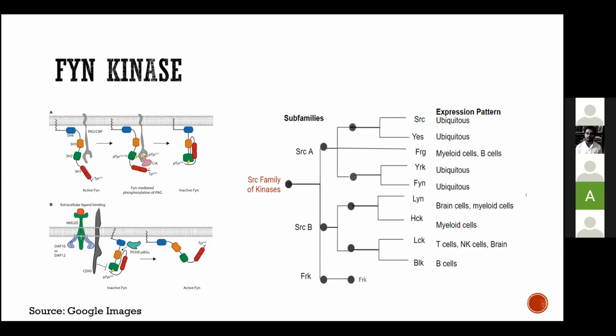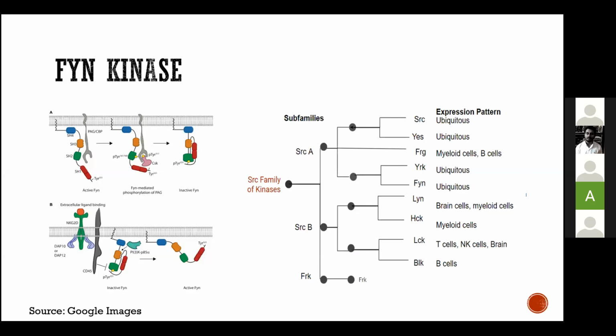As we move on, in the picture you can see that Fyn has mediated the phosphorylation of PAG. As soon as the Fyn phosphorylates the PAG, the tyrosine 317, which is situated on PAG, gets phosphorylated, and then it connects to CSK, and then further downregulation of a cycle continues.